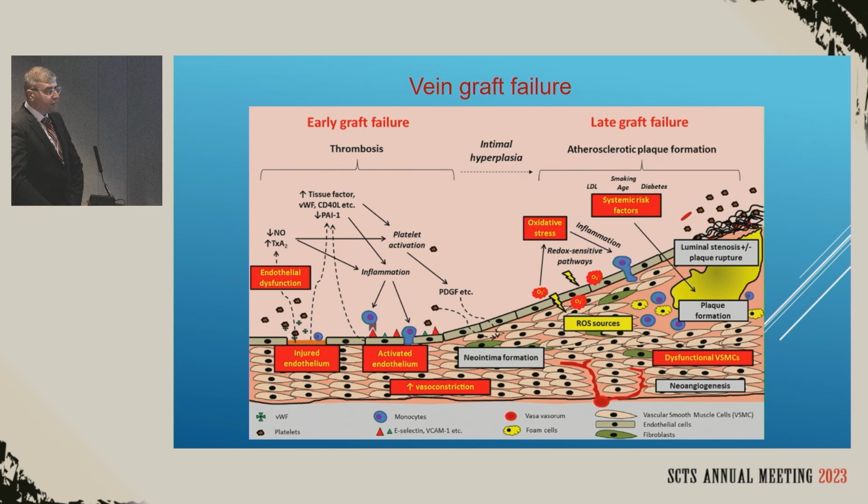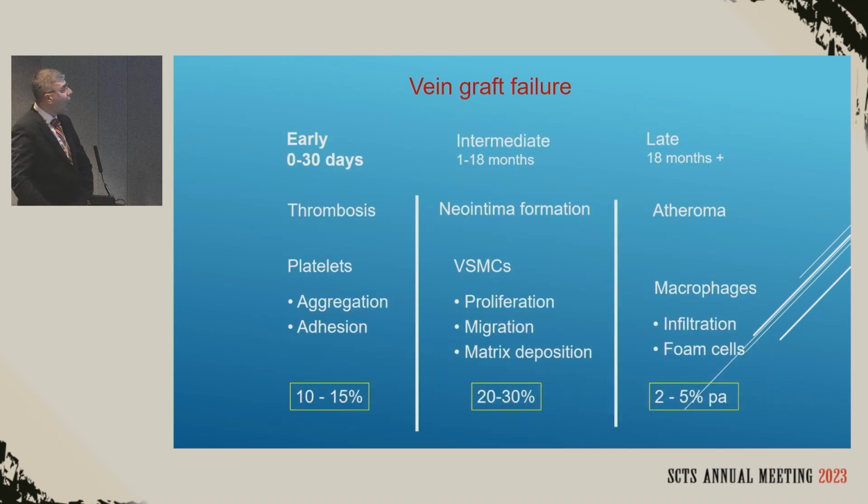Veins do have a problem of vein graft failure, and this is a complex molecular process of thrombosis involved in early graft failure, intimal hyperplasia later on, and atherosclerotic plaque rupture later on.